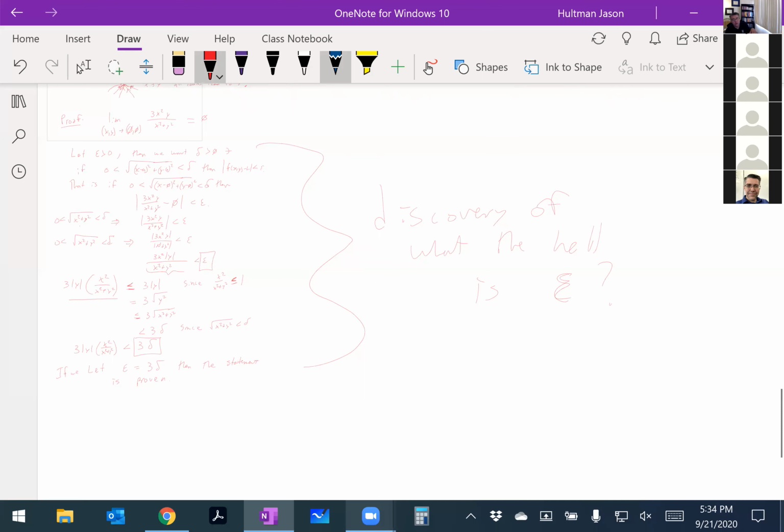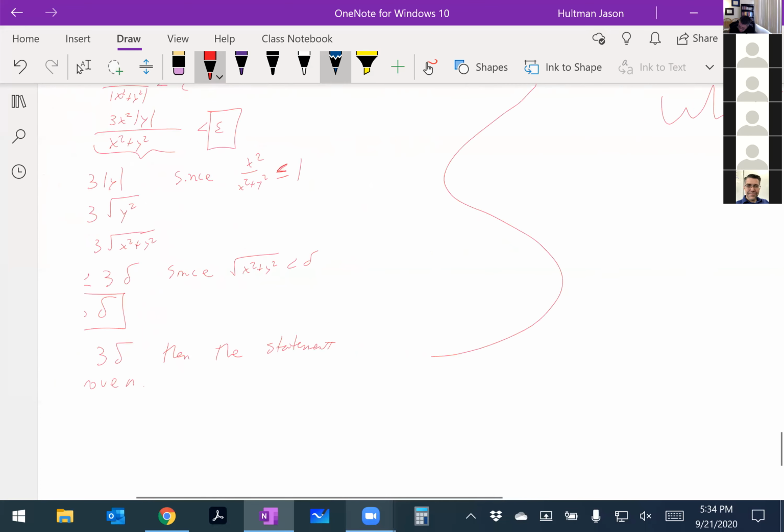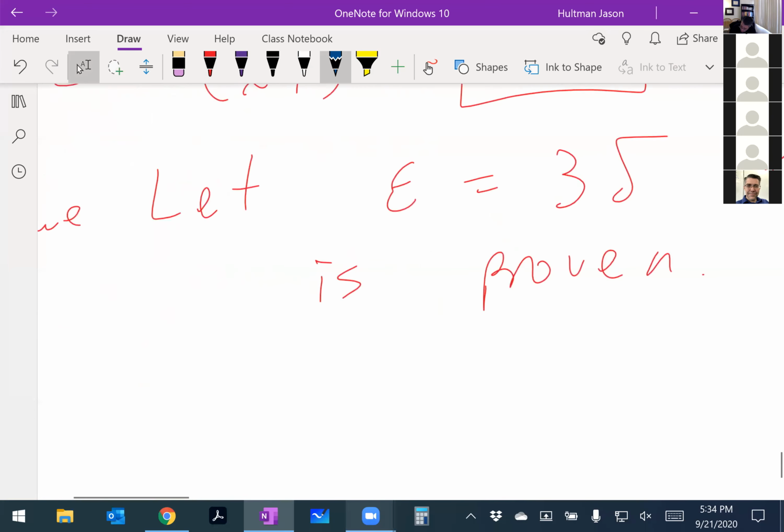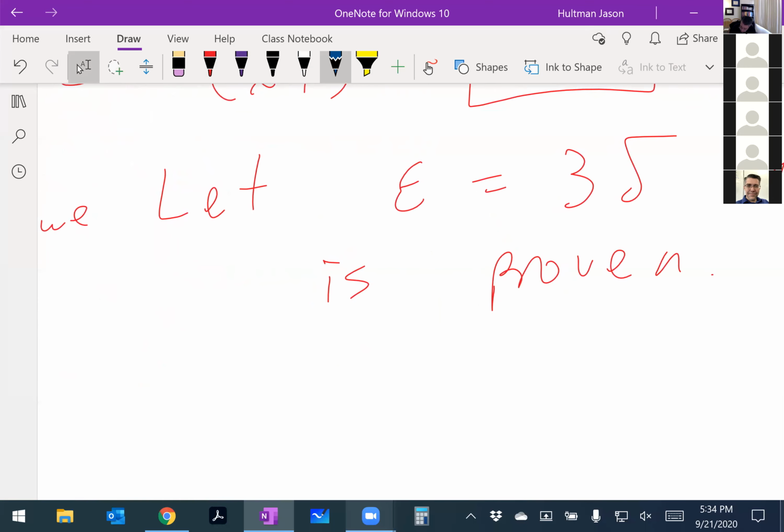Every single mathematical proof that involves delta and epsilon has a discovery phase. You're trying to find a good epsilon that you can use. Once the discovery phase is over, we went through all that work to find out what epsilon was equal to in terms of delta.